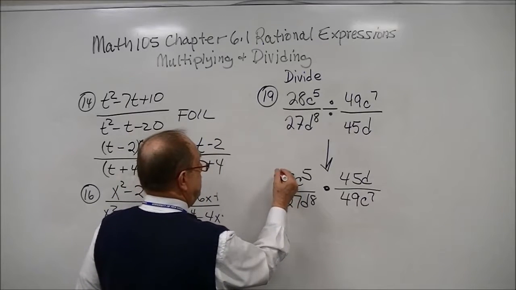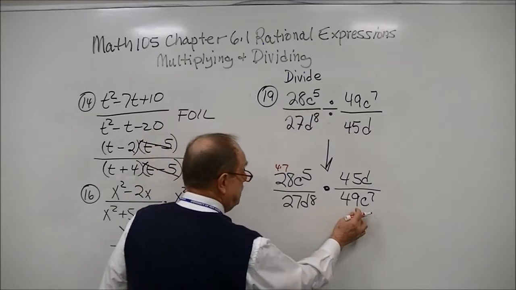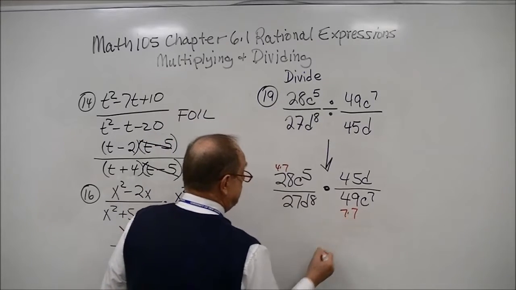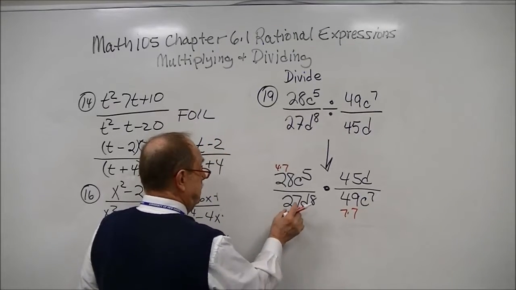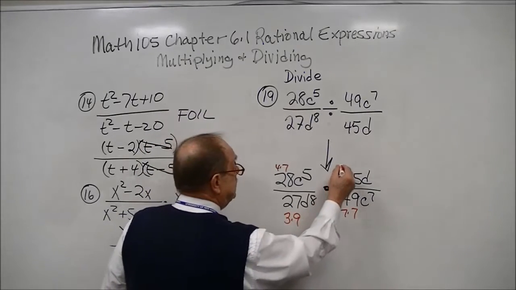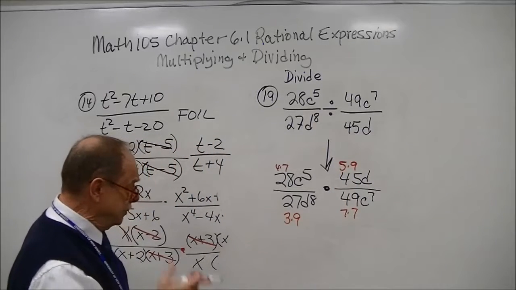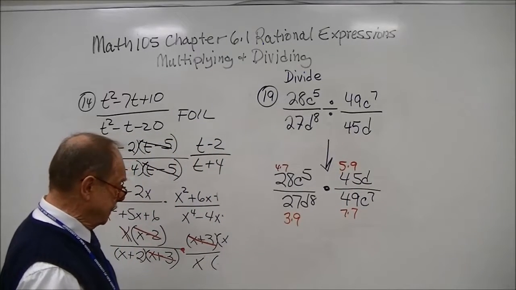Well, 28 is a 4 times 7, and 49 is 7 times 7. This is 3 times 9, and this is 5 times 9. I'm just showing you factors of these numbers.